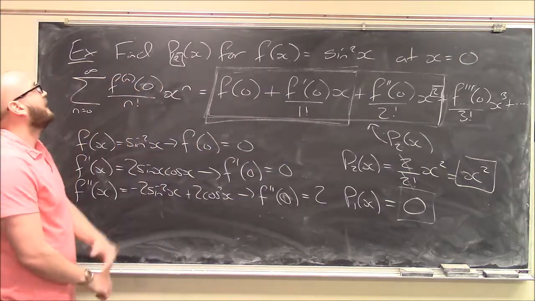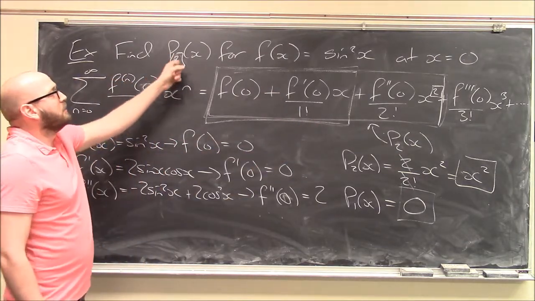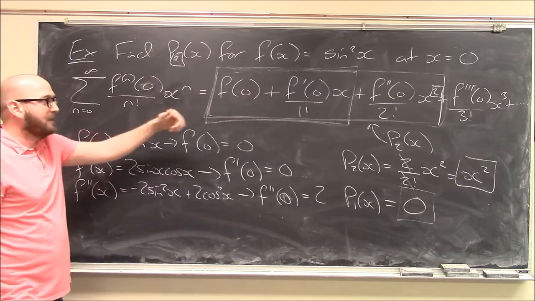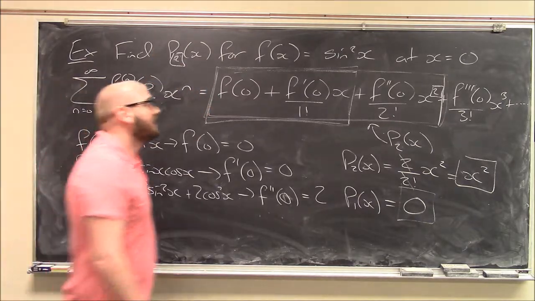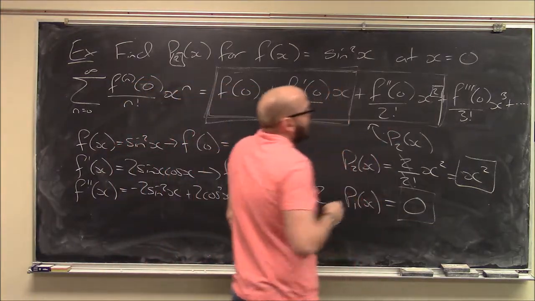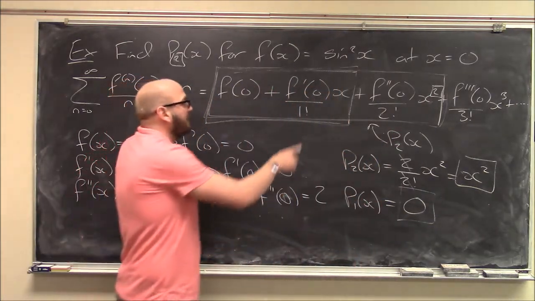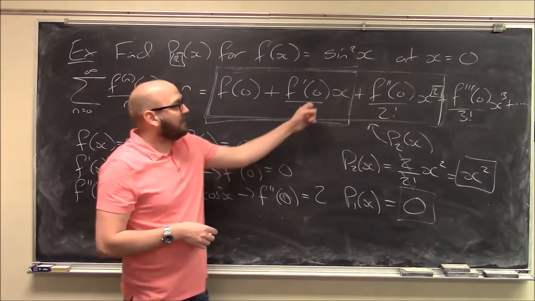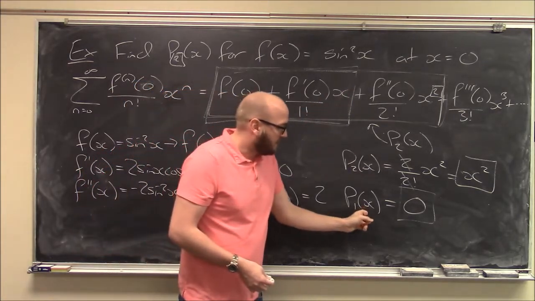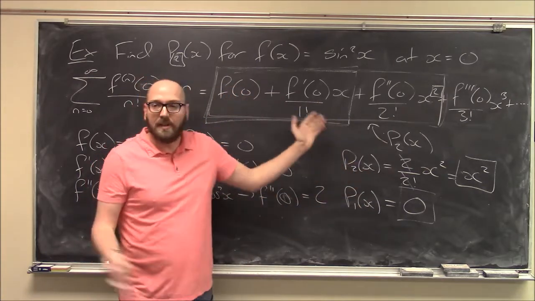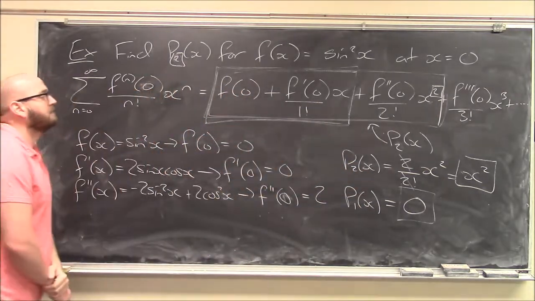That's why I'm not saying the nth degree or the second degree Taylor polynomial, because this doesn't necessarily refer to the degree. I'm saying the order. Count out to the second power. In this case, we count out to the first power. It just so happens my coefficient of x to the first power is 0. So my Taylor polynomial is 0 plus 0. And that can happen. That's totally fine.